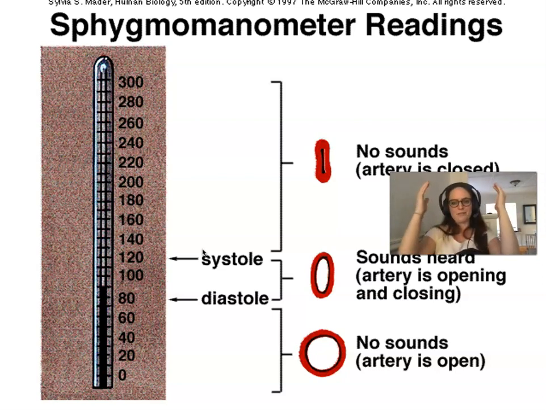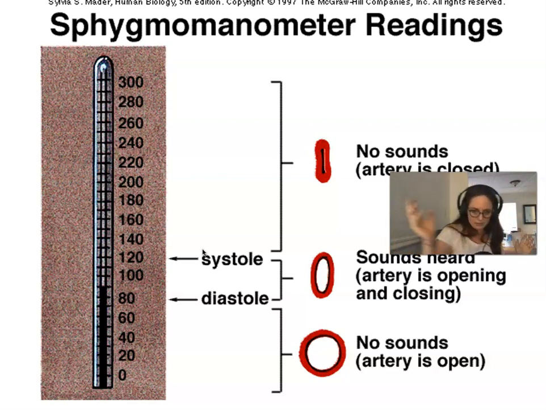It's blood hitting the walls of that artery that previously did not have blood in it. At a certain point, instead of having turbulent flow, the flow is restored and blood can just rush through that brachial artery. So you no longer have those sounds when the artery is all the way open. You don't have that sloshing.